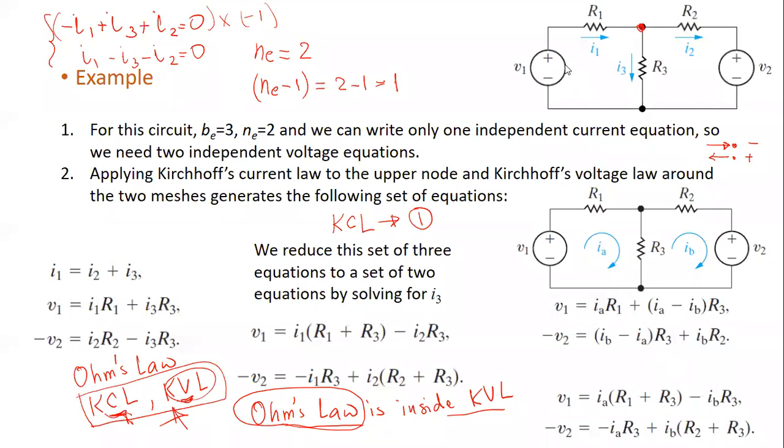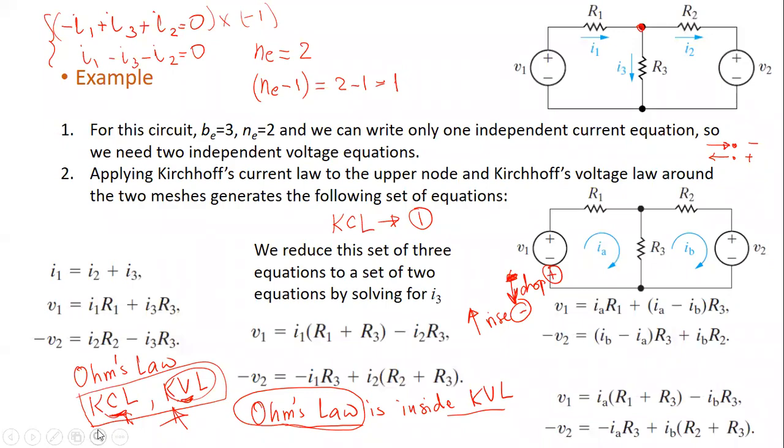And again, let me remind you, if you go with the direction of voltage drop, it will be positive. If you go with the direction of voltage rise, it will be negative.